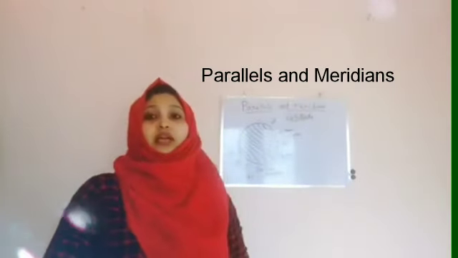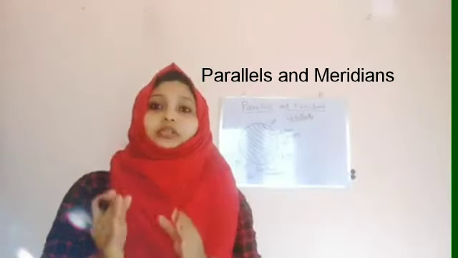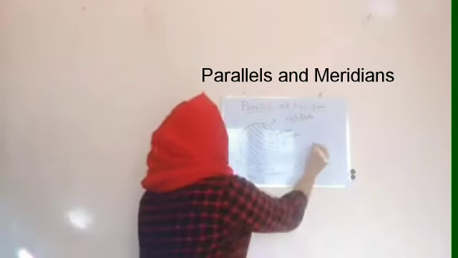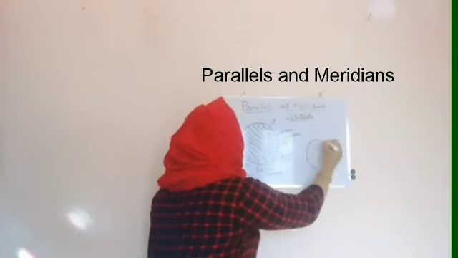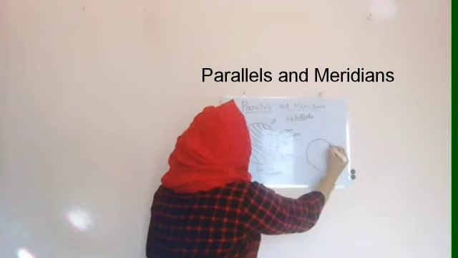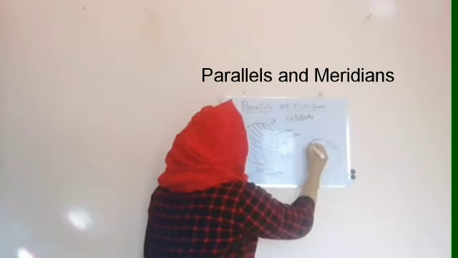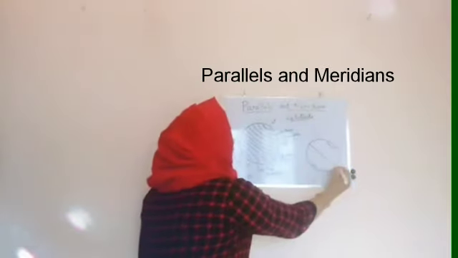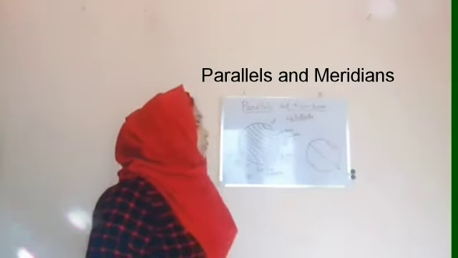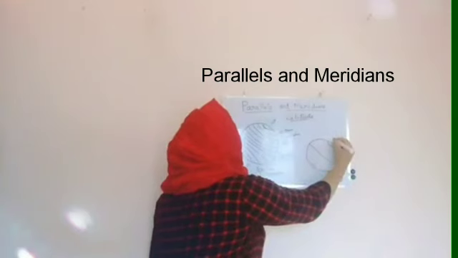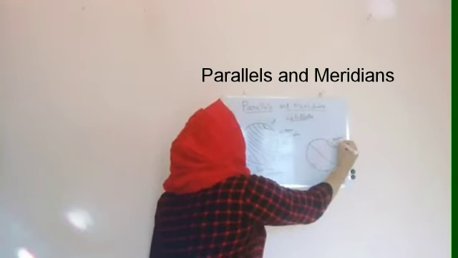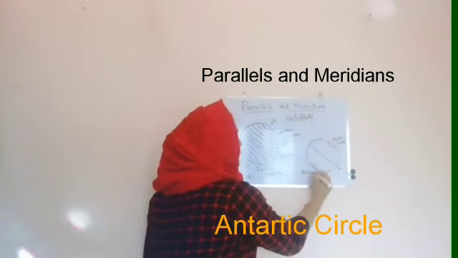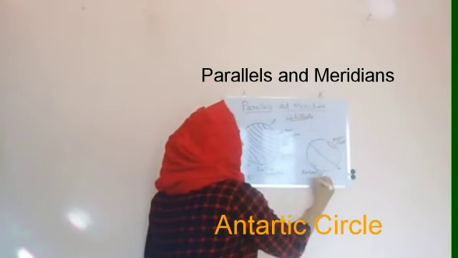Then we are moving to the important parallels or latitudes. We can draw like here. We already found the north pole and south pole and the equator, right? We have the longest latitude here, that is called the equator, and near the north pole we have the Arctic Circle, and near the south pole we have the Antarctic Circle.